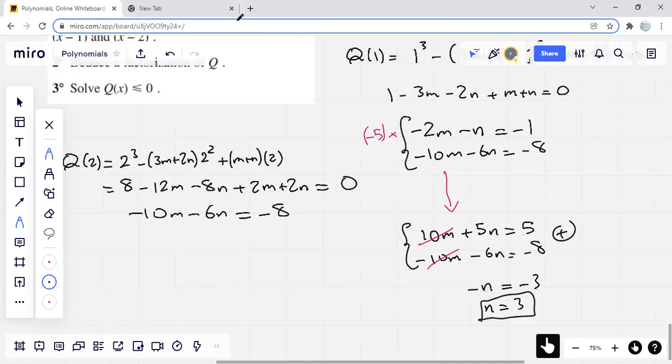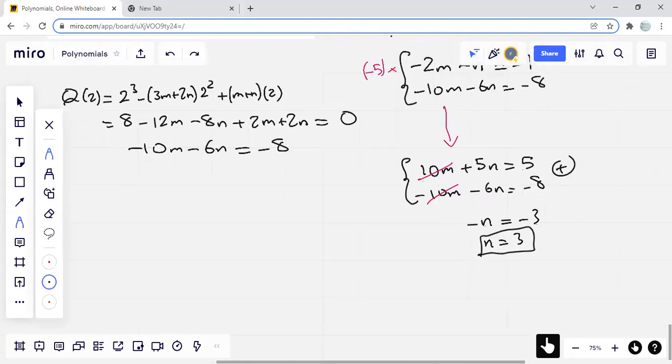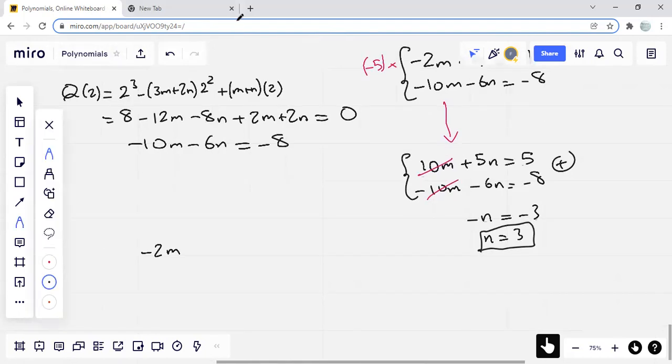We found n. Now how can we find m? We can substitute n either in this equation or in that one. Equation 1 seems easier. So we will get minus 2m minus n is equal to minus 1.